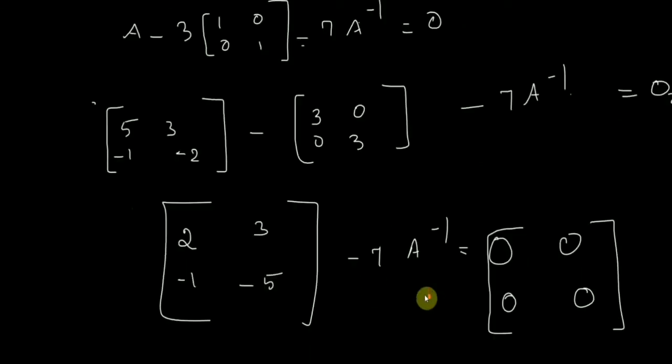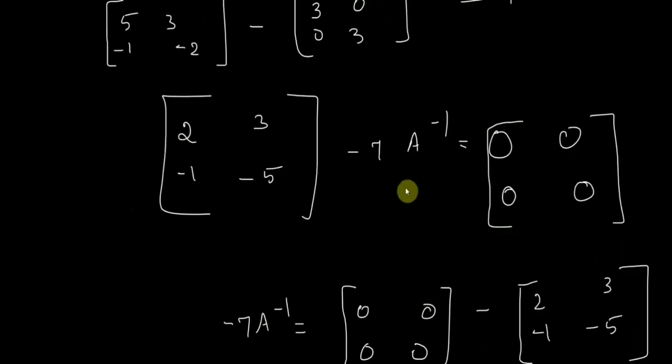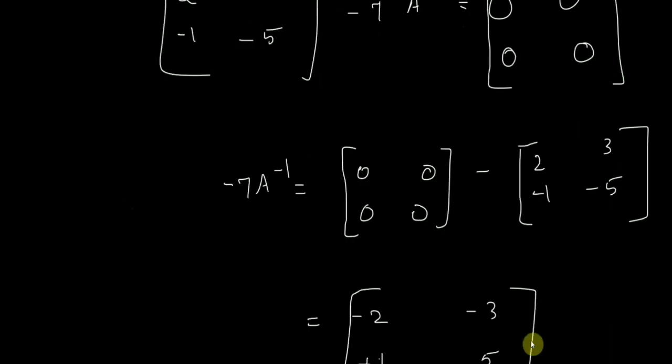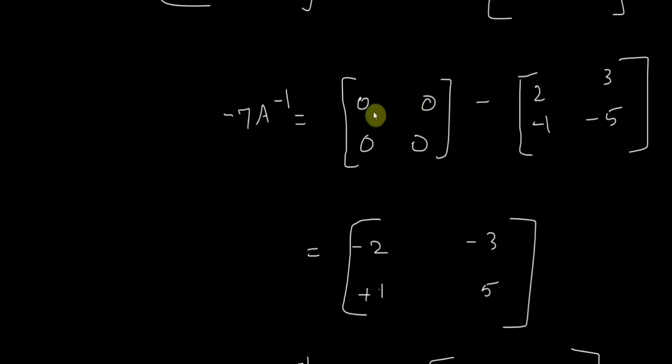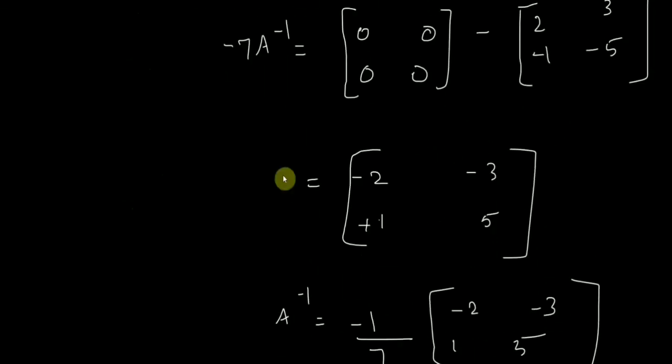Minus 7 A inverse is equal to 0. So minus 7 A inverse is equal to 0 minus this. That will give you normal subtraction here: 0 minus 2, minus 2; 0 minus 3; 0 plus 1; 0 plus 5. So minus 7 into A inverse is equal to this.